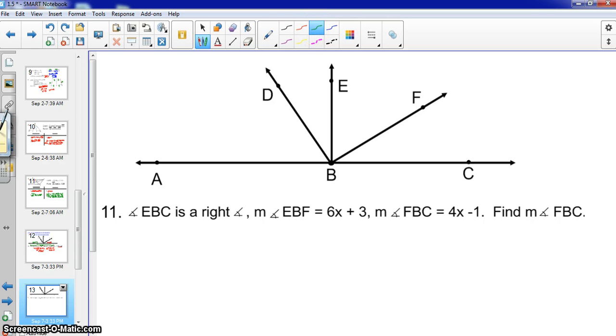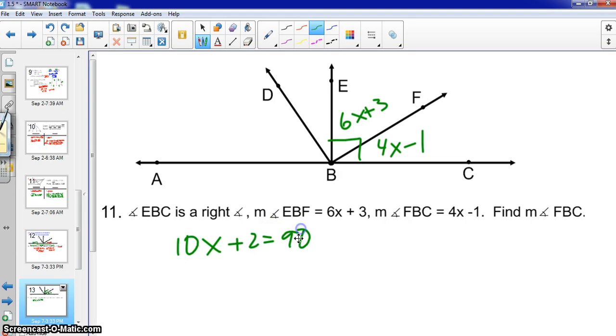In the next problem, I'm given that EBC is a right angle, and EBF is 6x plus 3. And this other part down here, FBC, is 4x minus 1. So I know that the two parts, EBF and FBC, form the right angle. So that means I can add those two up, and they must be equal to 90, which allows me to solve for x.